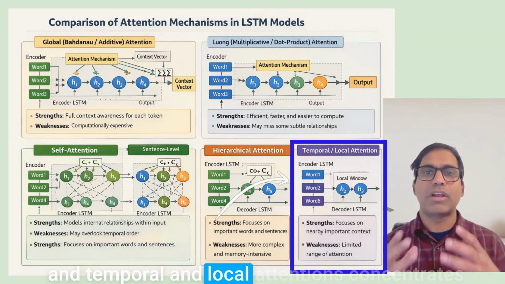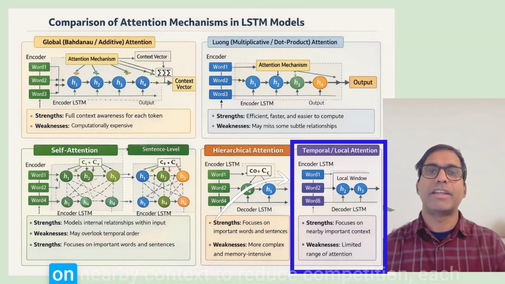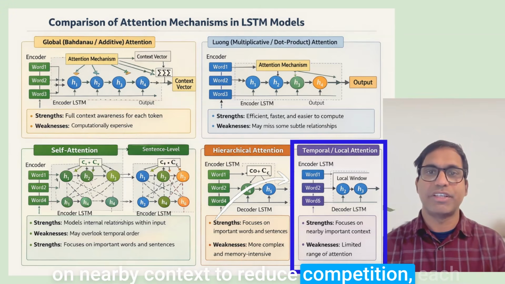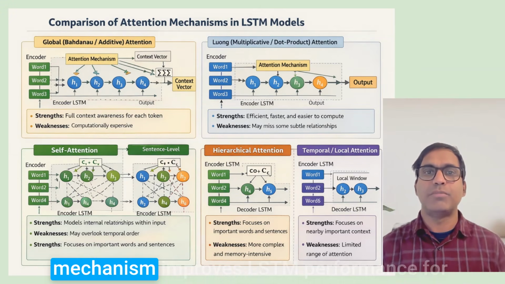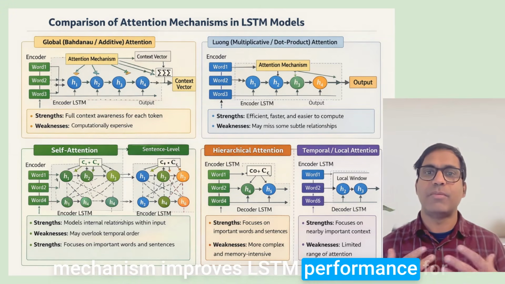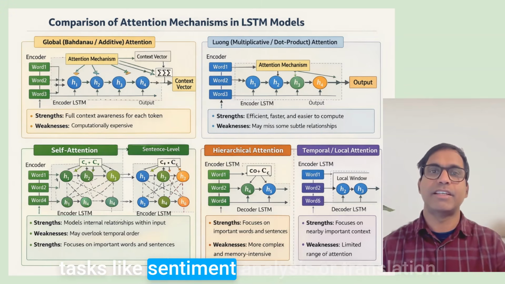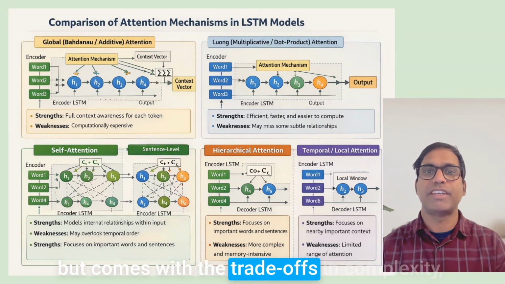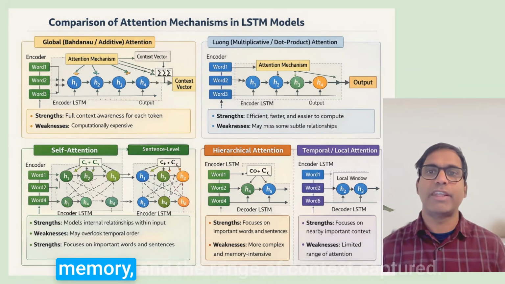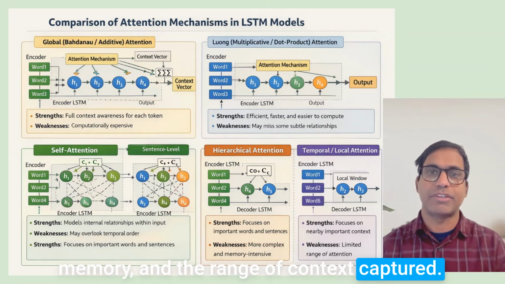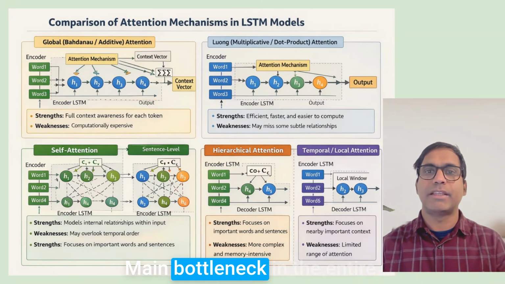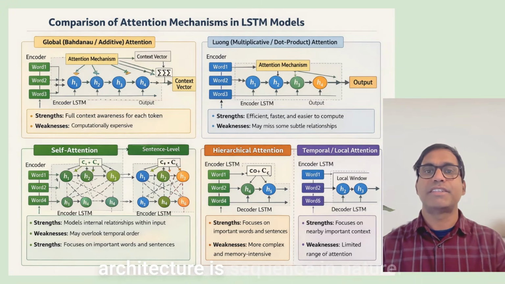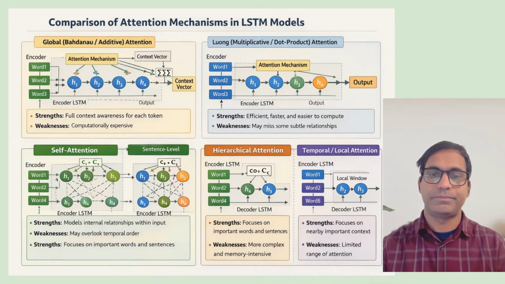And temporal and local attentions concentrate on nearby context to reduce computation. Each mechanism improves LSTM performance for tasks like sentiment analysis or translation, but comes with trade-offs in complexity, memory, and the range of context captured. The main bottleneck in the entire architecture is its sequential nature.